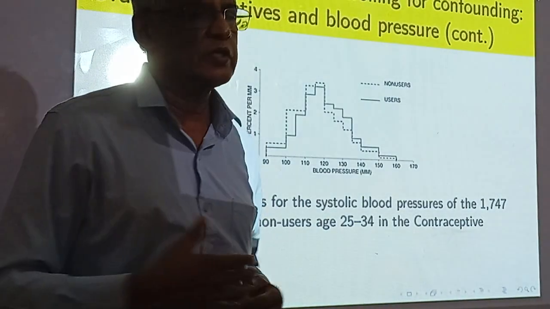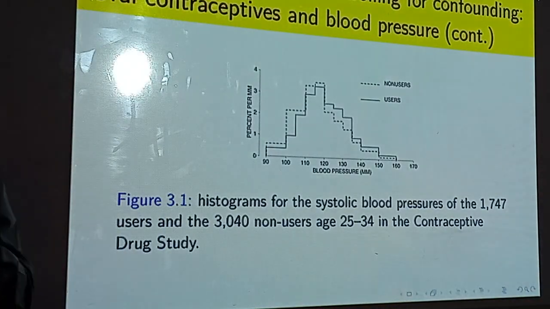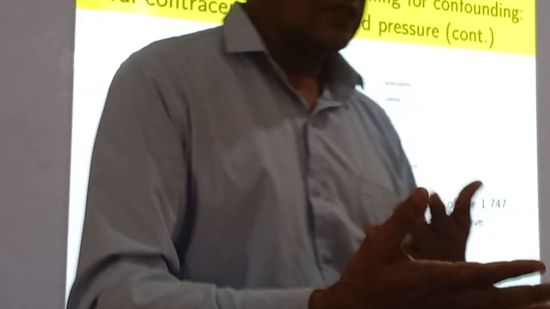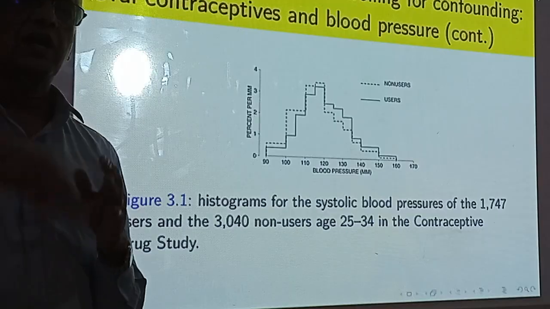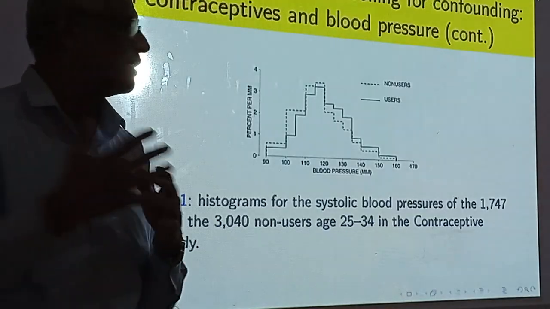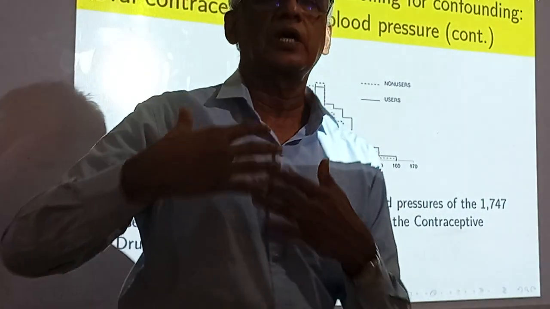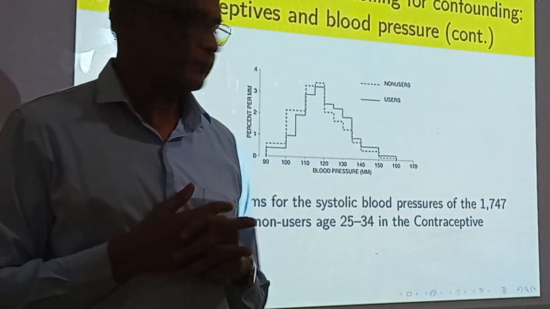After controlling for age, they still saw some difference, right? Some systematic difference exists in the two distributions. So that indicates with high probability that there is an actual association between pill usage and blood pressure.